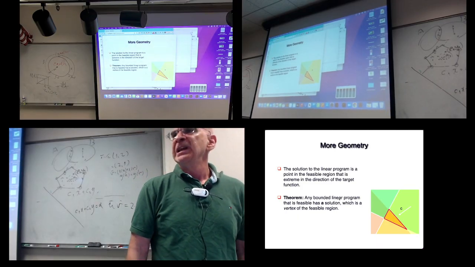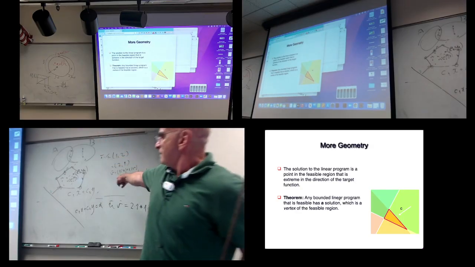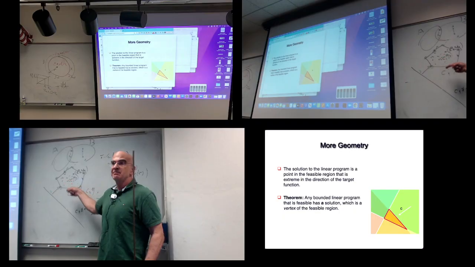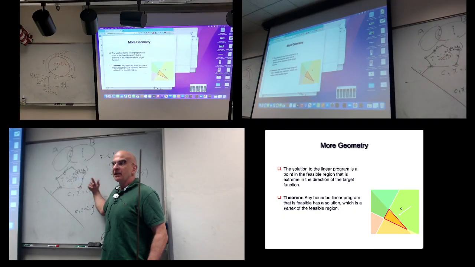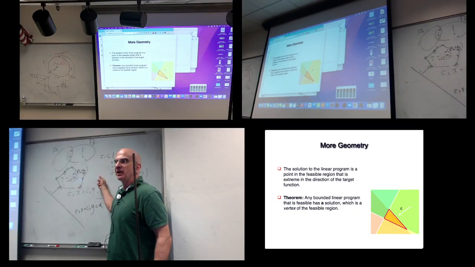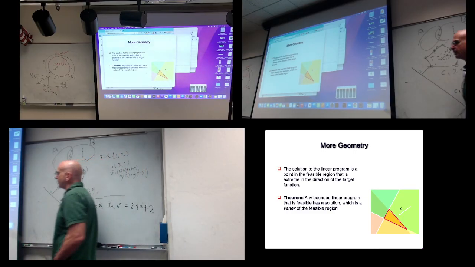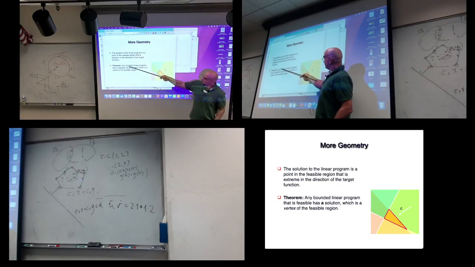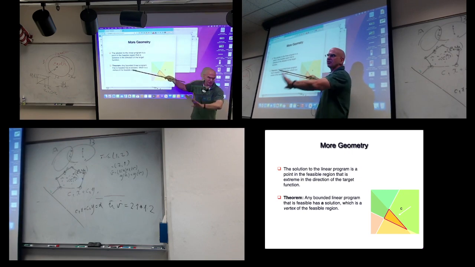Theorem: when we described this polygon, we had infinitely many points on its boundary. If I want the best diet, do I have to check each and every point? No. There are only discretely many points that I need to check. So any bounded linear programming, bounded meaning that you cannot go to infinity.